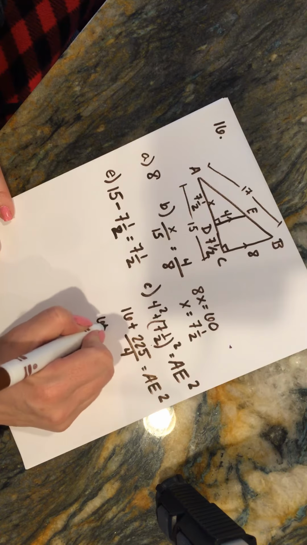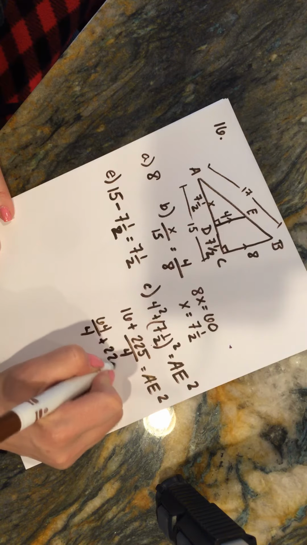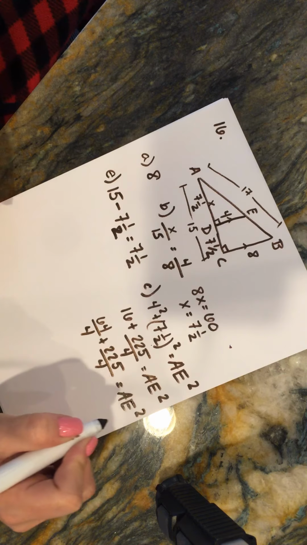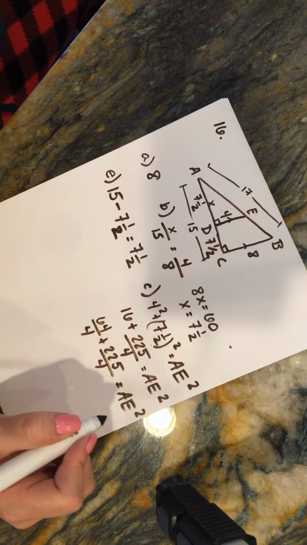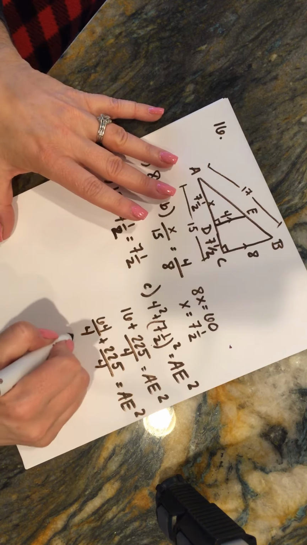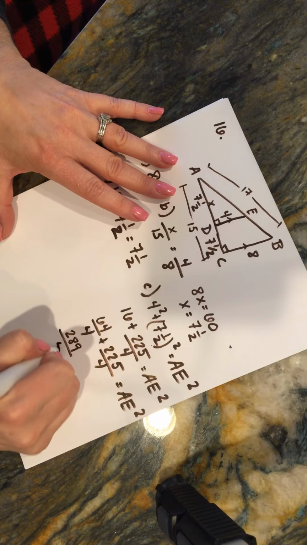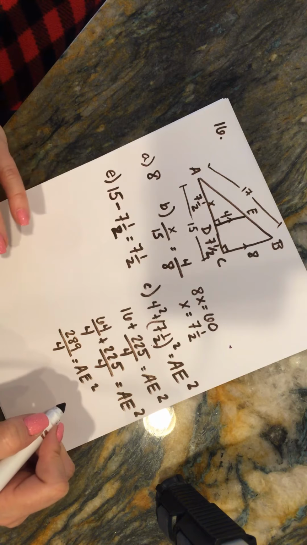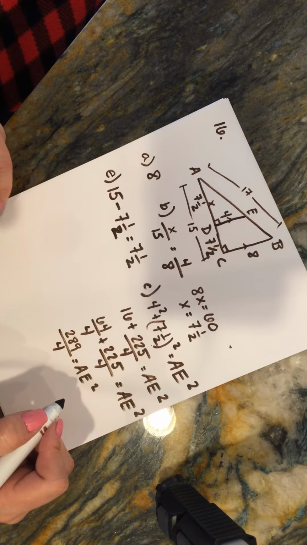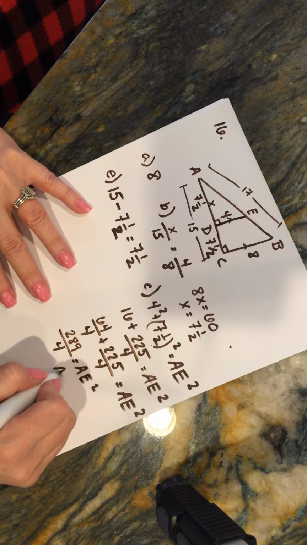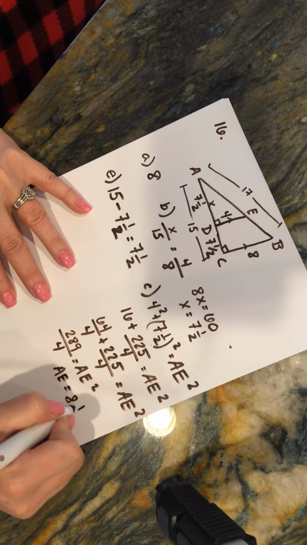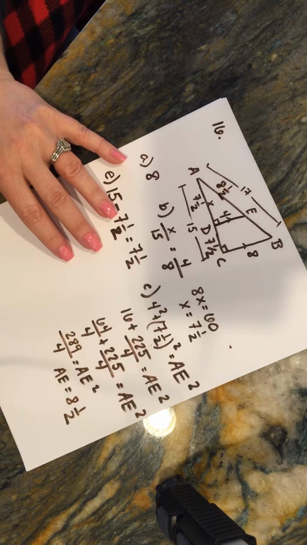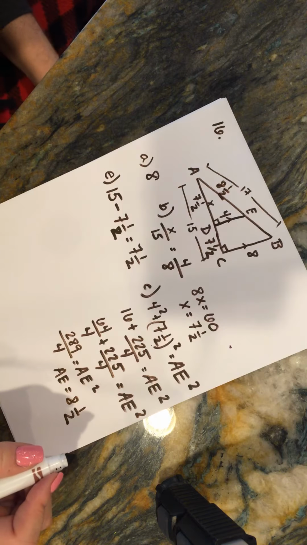So that's 64 over 4 plus 225 over 4 equals AE squared. 64 and 225 is 289. 289 over 4 equals AE squared. So that means that AE is equal to 8.5.